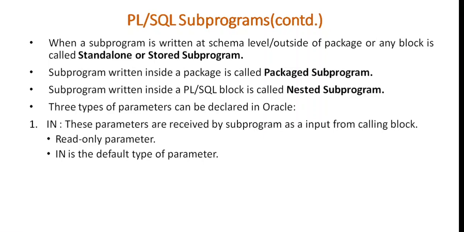In parameters are nothing but the values received by a procedure or function as input from the calling block. These in parameters are read-only parameters. We cannot change the value of an in parameter inside the procedure or function because these values are given by the calling block.